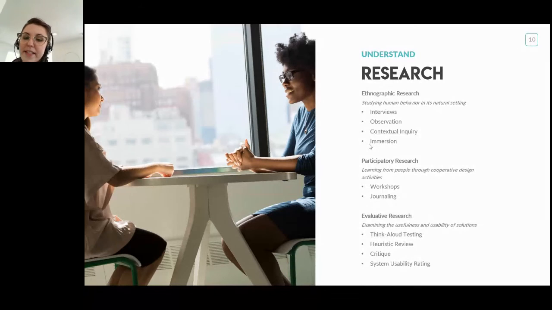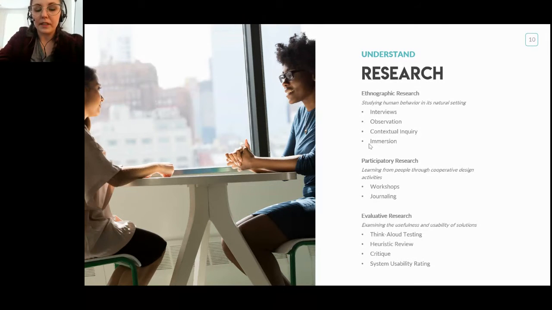Next up, we have participatory research. And this is where we talk about being able to bring in users and actually doing things like workshops where you can get really great ideas. Okay, participatory research.